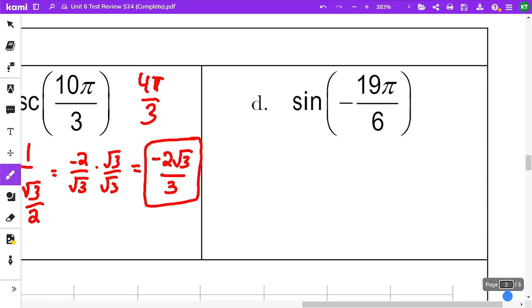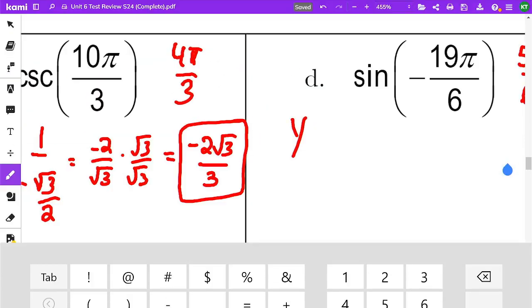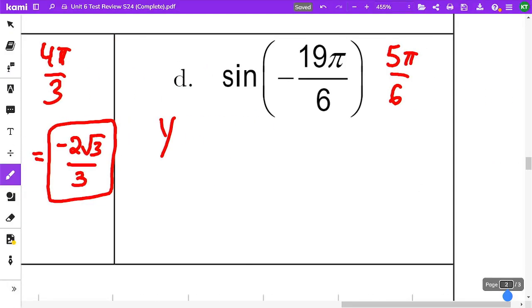And then when I add that, because that'd be 2 full rotations around, that would leave me with 5 pi over 6. So sine of 5 pi over 6, again, sine is going to be my y value. So if I find my y value for sine at 5 pi over 6, that's going to be equal to 1/2.